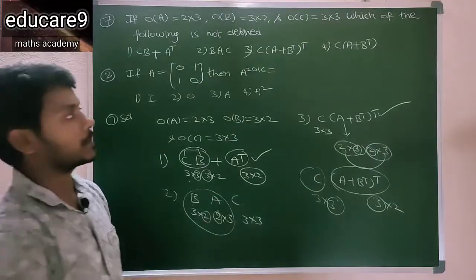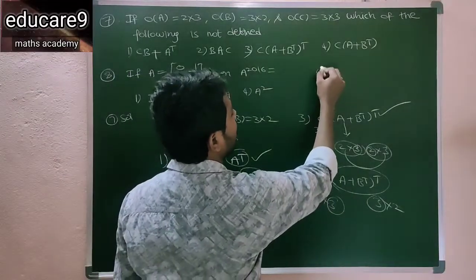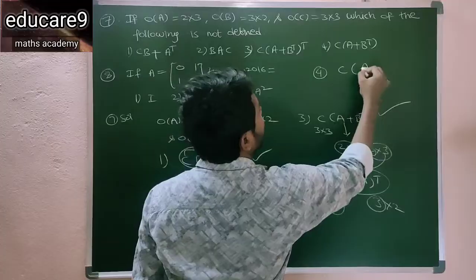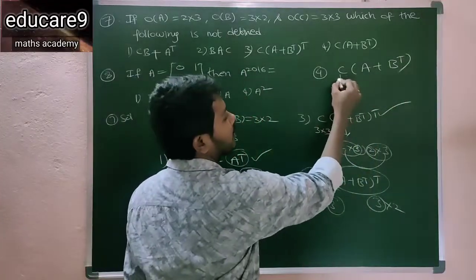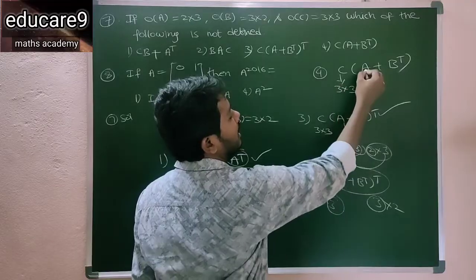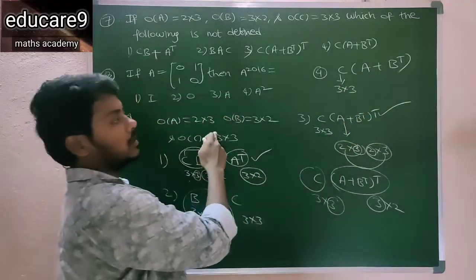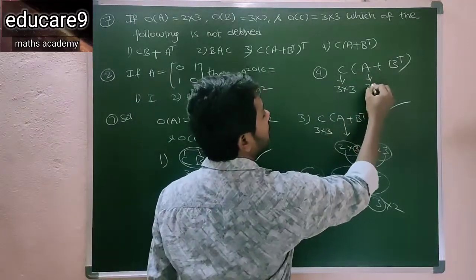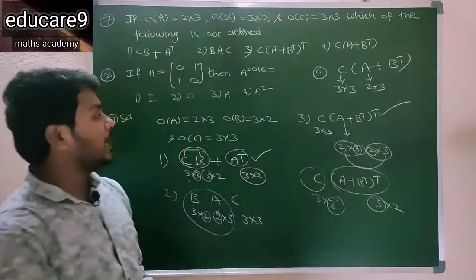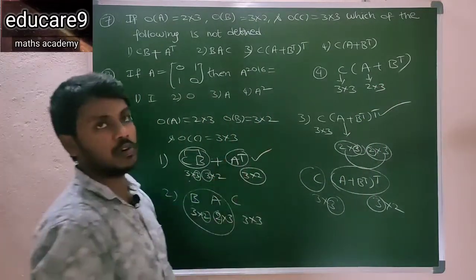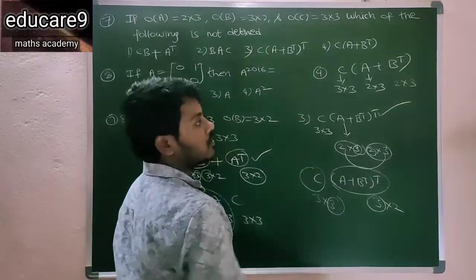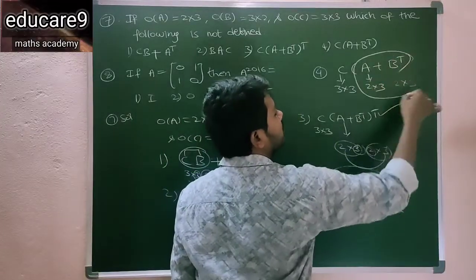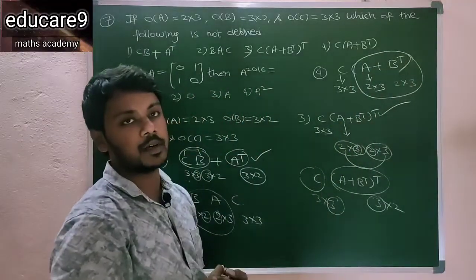And the fourth one, C into (A plus B transpose). So the order of C is 3 by 3 and the order of A is what? 2 by 3. And the order of B transpose, that is also 2 by 3. So clearly both matrices are of the same order, therefore addition is possible.